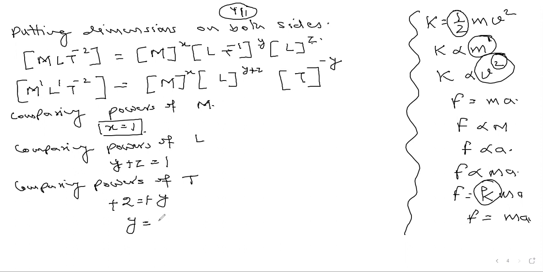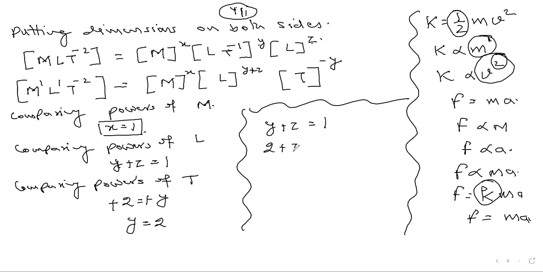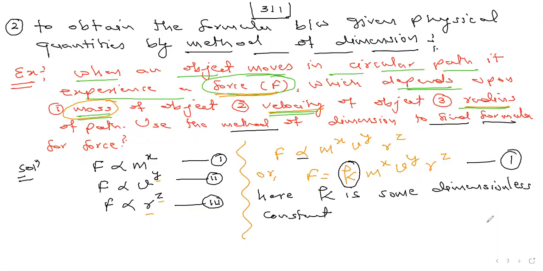So y equals 2. If y equals 2, and y plus z is 1, then 2 plus z equals 1, so z equals minus 1. Now you have obtained the values of x, y and z. These three values you will substitute in equation number 1. Got it?